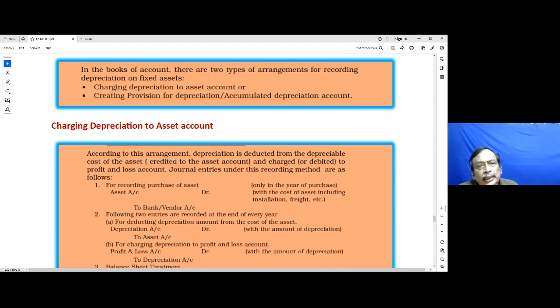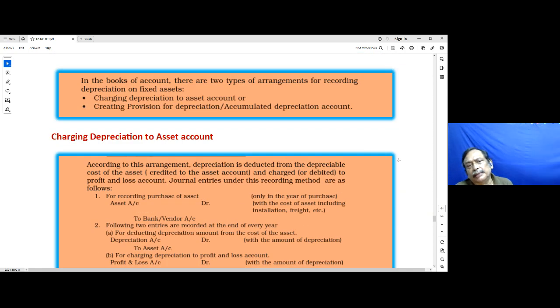Now, in the books of account, there are two types of arrangements for recording depreciation on fixed assets. The first one is charging depreciation to the asset account, or creating a provision for depreciation or accumulated depreciation.